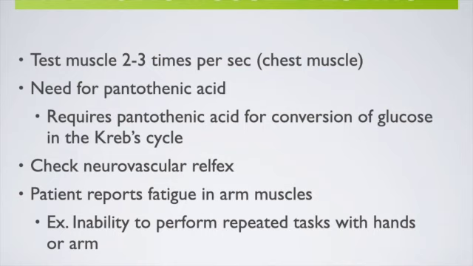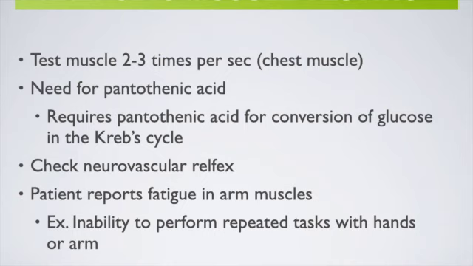So anaerobic muscle testing, we would test it 2 to 3 times faster. So we would test the muscle at 2 to 3 times per second. Say, for example, a chest muscle, like a pec muscle, which has a higher ratio of fast twitch muscle fibers, we would test that muscle, for example, at a faster rate.